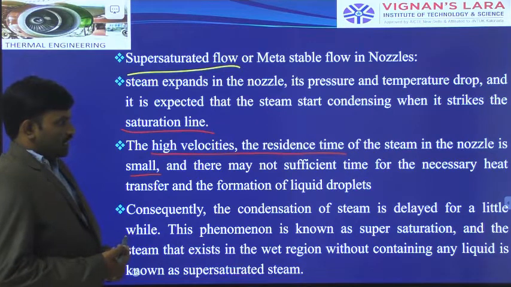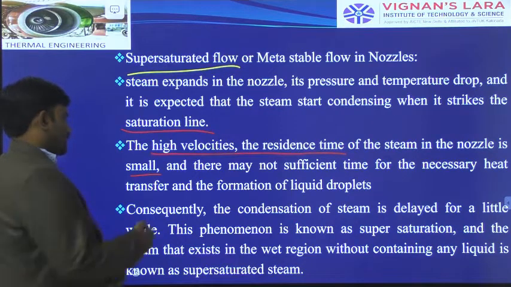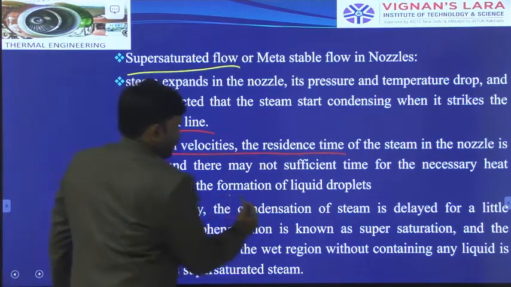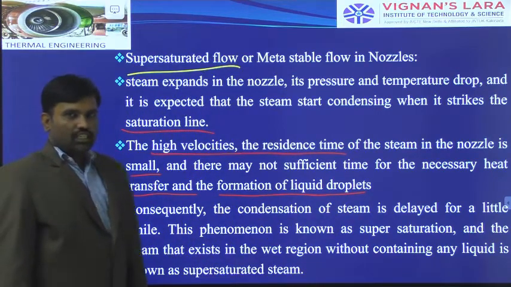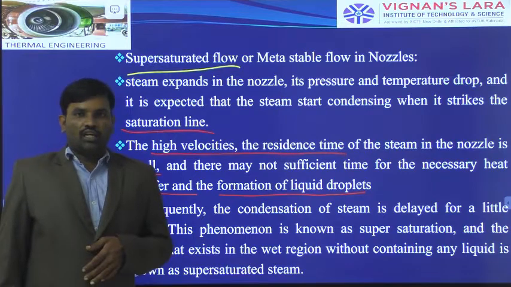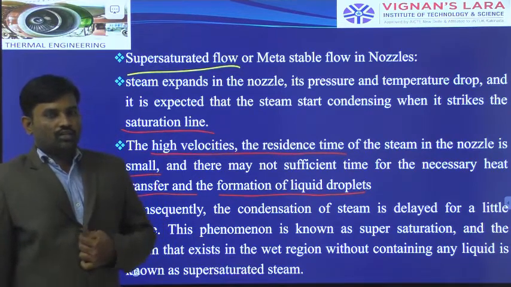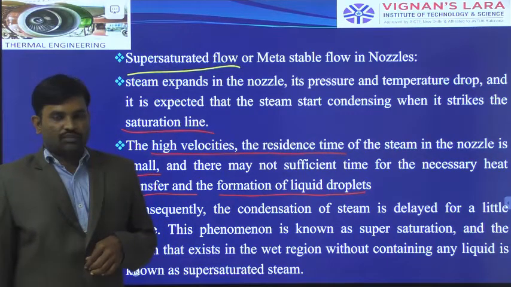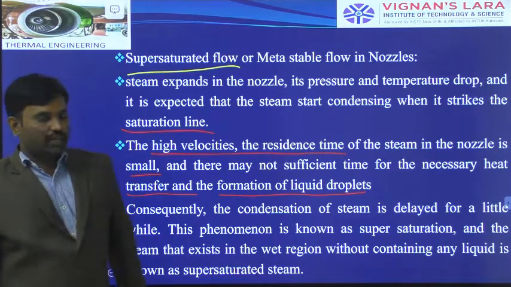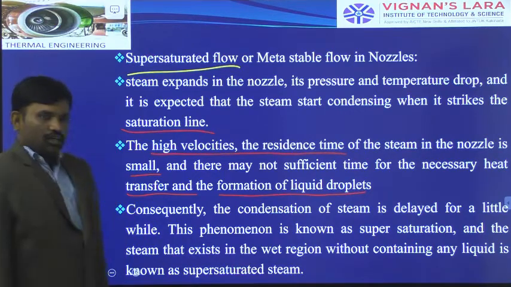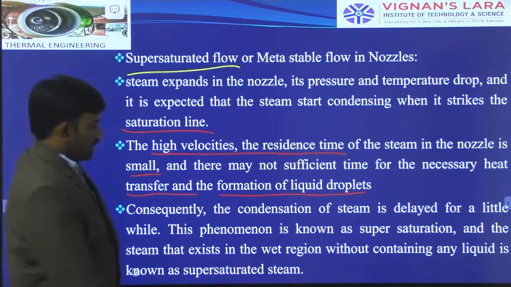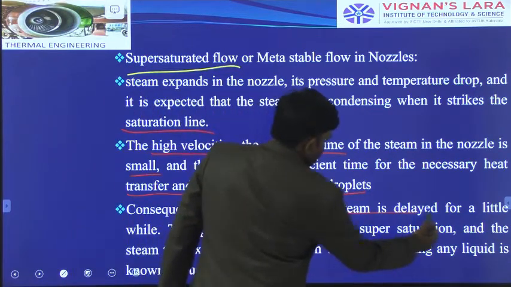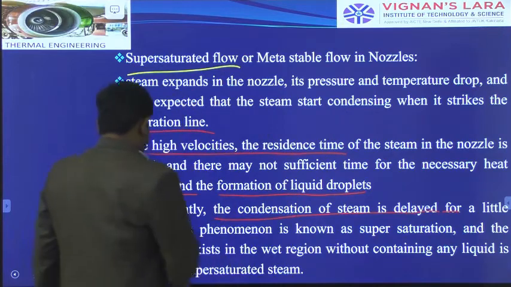There may not be sufficient time for the necessary heat transfer and the formation of liquid droplets. After crossing the saturation line it forms droplets, but not all the steam is converted into droplets. We only observe some droplets at the end of the expansion inside the nozzle body. Consequently, the condensation of steam is delayed for a little while.